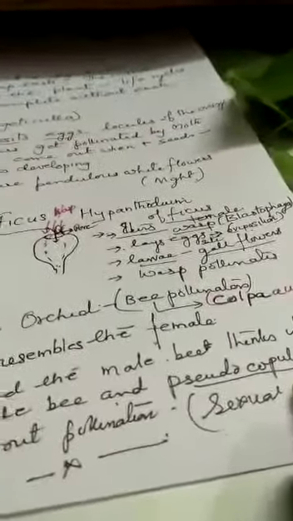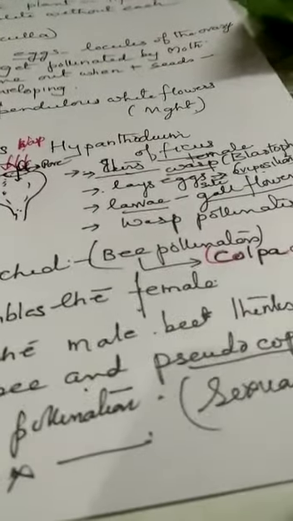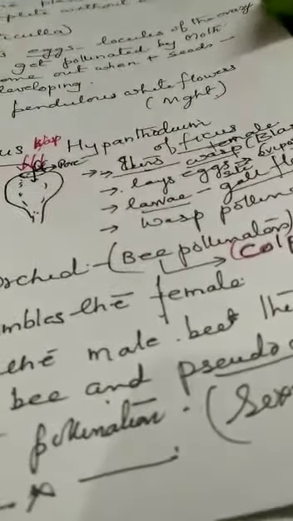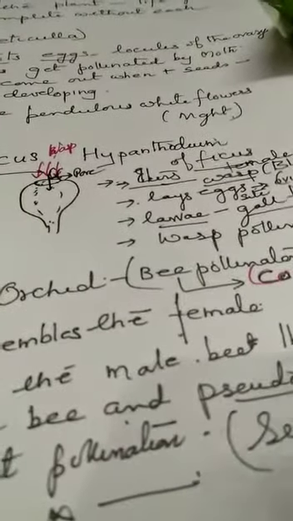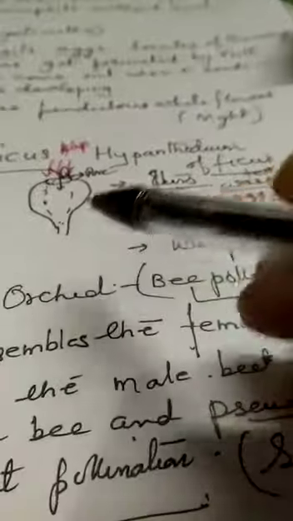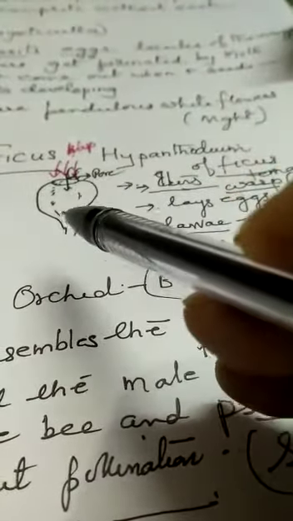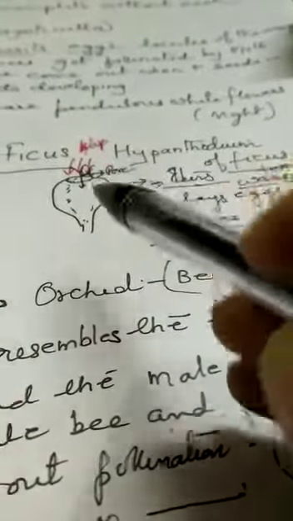Then another, you can see the pollination in ficus. We have learned about the Hypanthodium. This is a special inflorescence, and here it is all covered. Only in the center there is a pore, and through this pore the wasp enters into this Hypanthodium inflorescence.